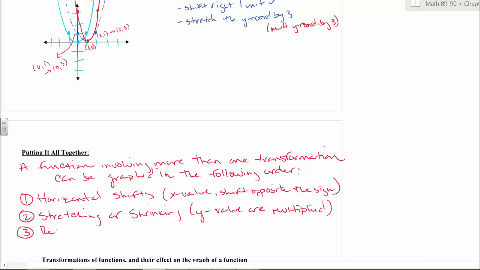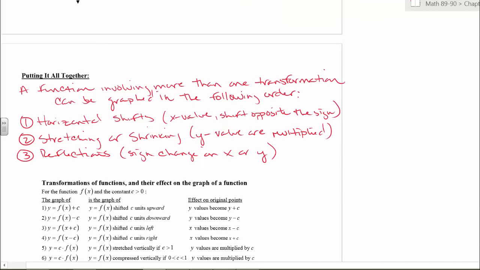Then you're going to do any reflections. And in this case, there's going to be a sign change on x or y, depending on if the negative is on the inside or the outside. And then fourth, or the last one you always do, is your up-down shifts or vertical shifts.